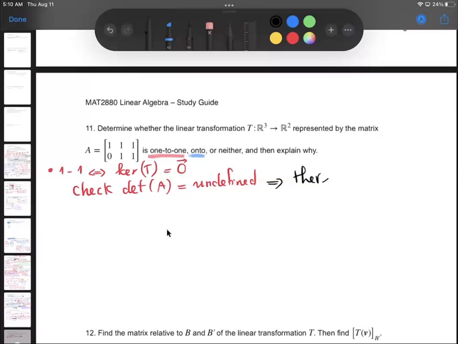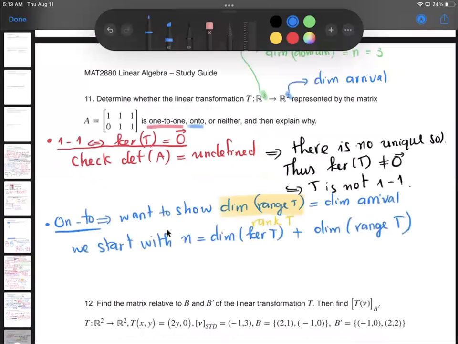We're going to start with this equation: n equals dim of the kernel of T plus dim of the range of T. Let me remind you, the dimension of the range of T is what we call rank T. All right, n is what? n is 3.